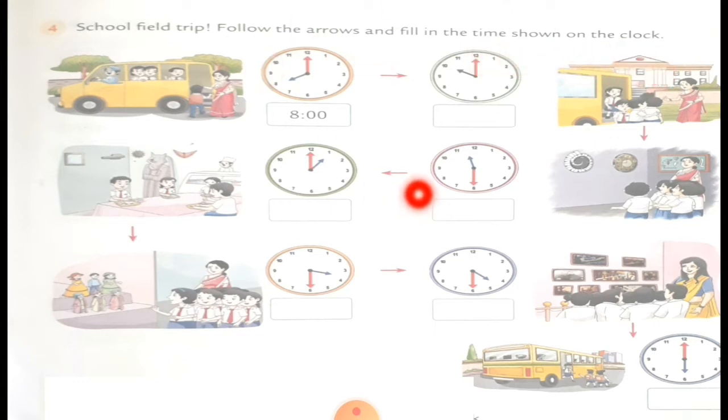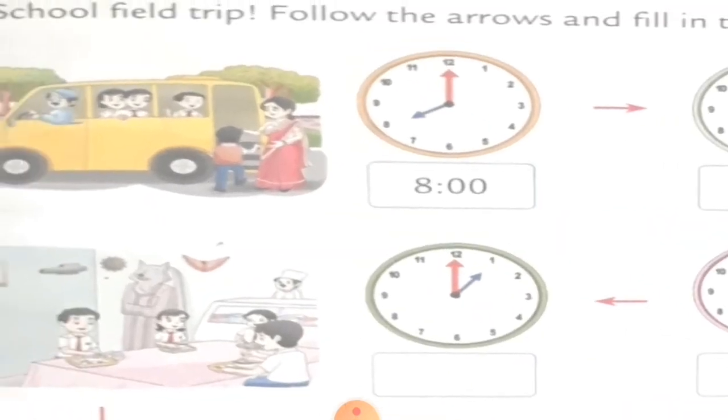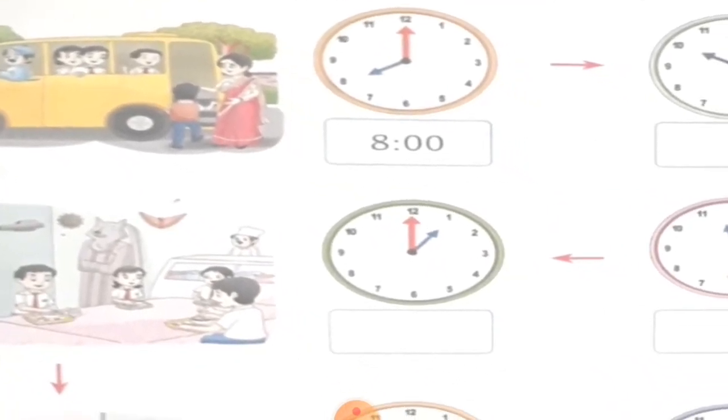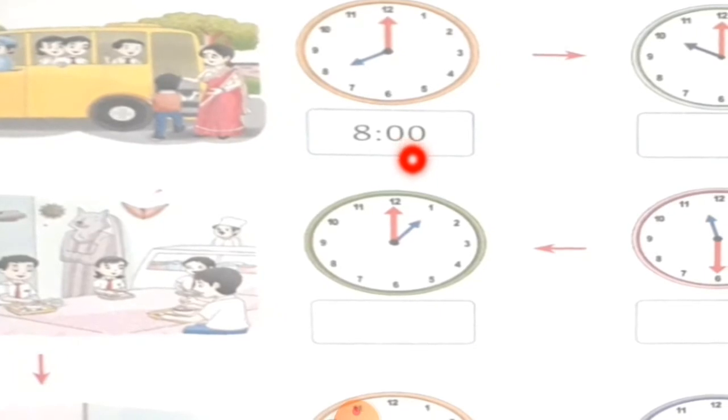Here the clocks are given. All the clocks are given here. You can see with the picture which activity is there at which time. One time is already given to us.